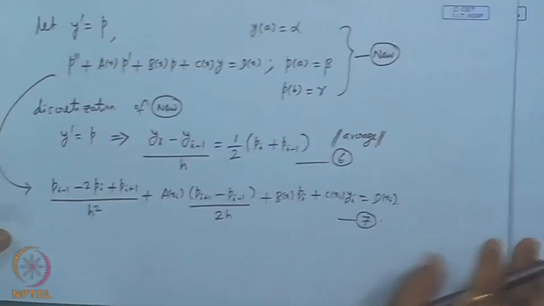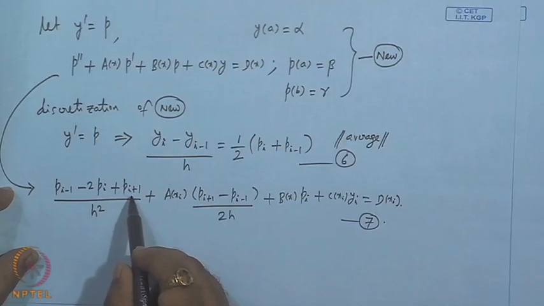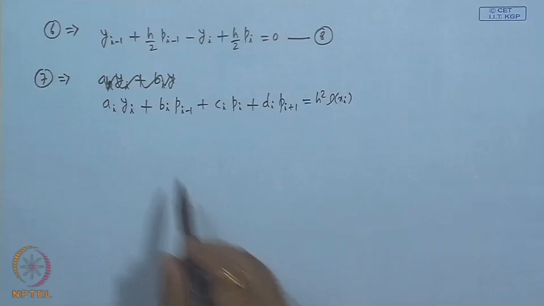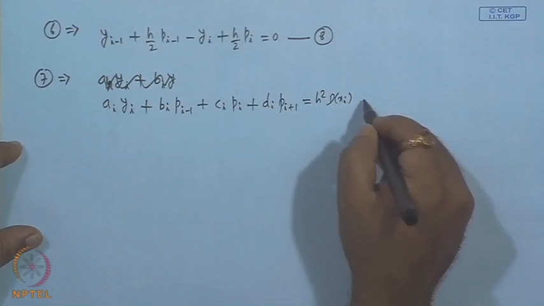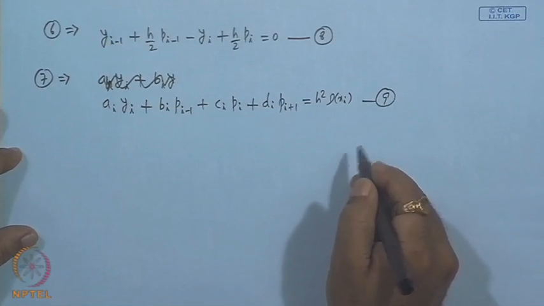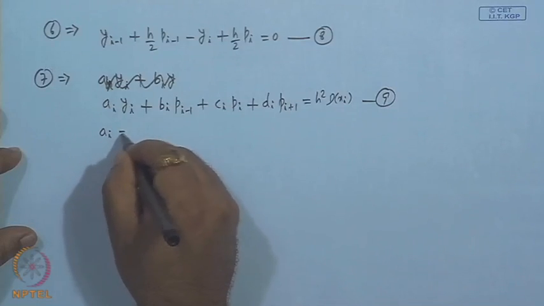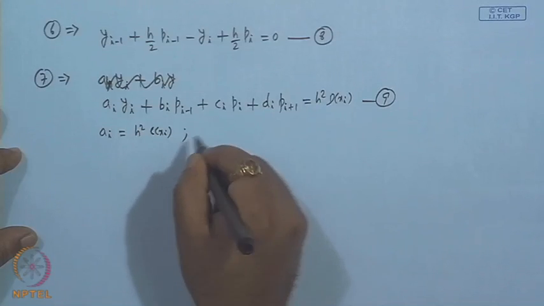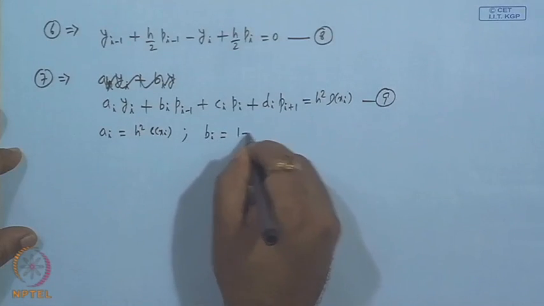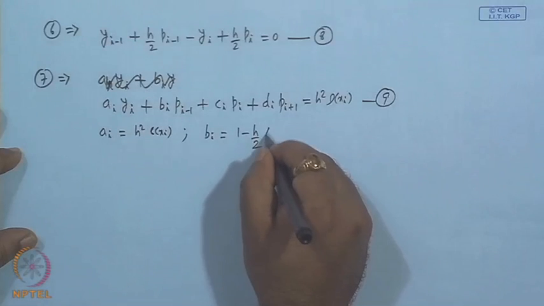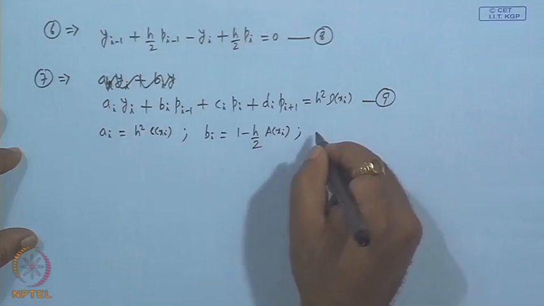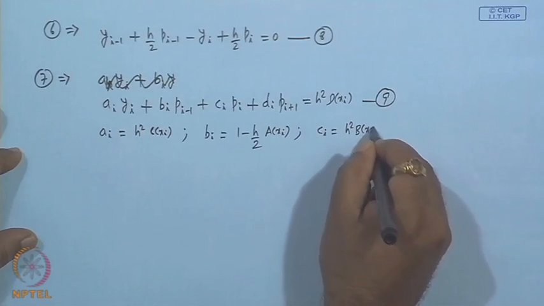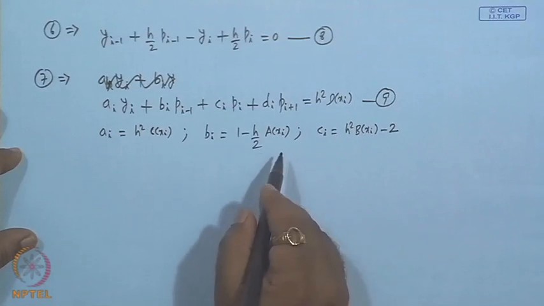This contains P I minus 1, P I plus 1 and Y I. Okay. So, this is written in this form, okay, where A I is C of x I, B I is, and so this can be verified very easily.